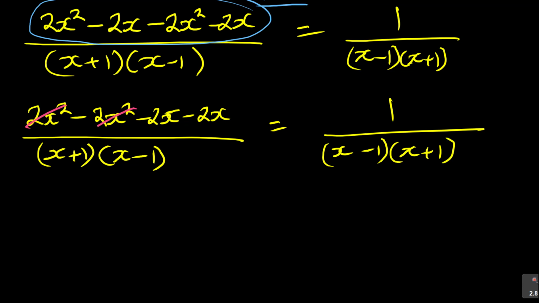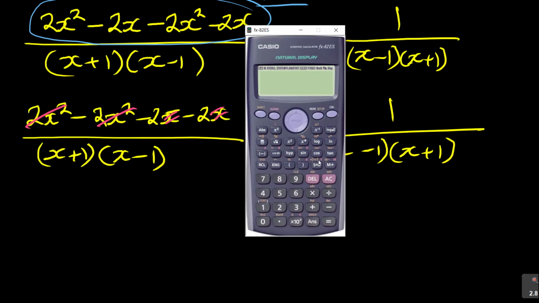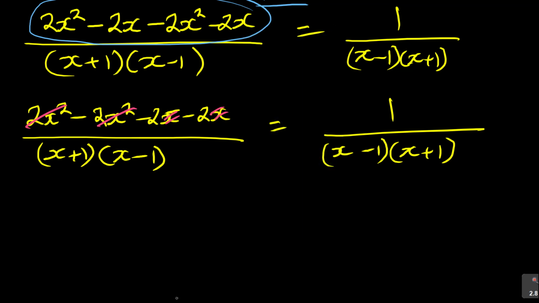Cancel and cancel. But don't say here the next one minus 2x is 0. No. Again, if the common one is like that, it's minus 2 minus 2. You can take a calculator. It will give you an idea if you are confused. Minus 2, you add and maintain the sign. So it's minus 2 minus 2 equal to what? Minus 4. You add, you maintain the sign. You see that?